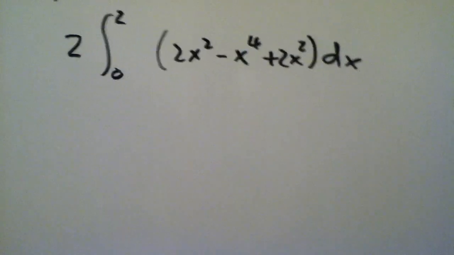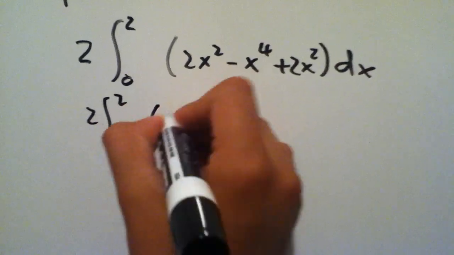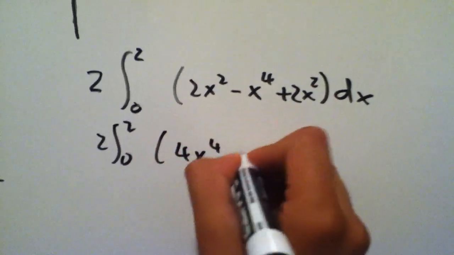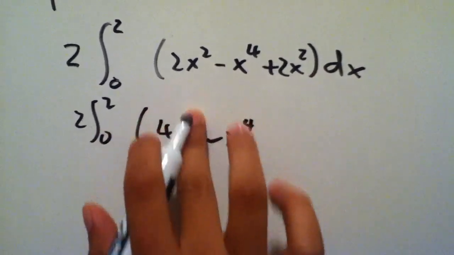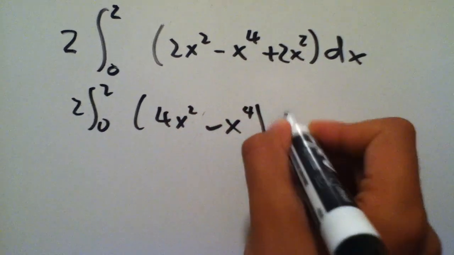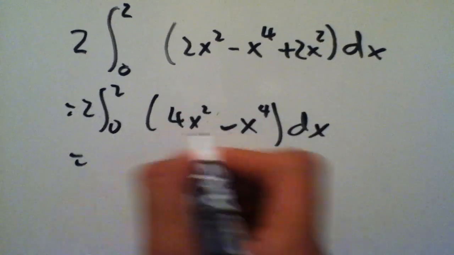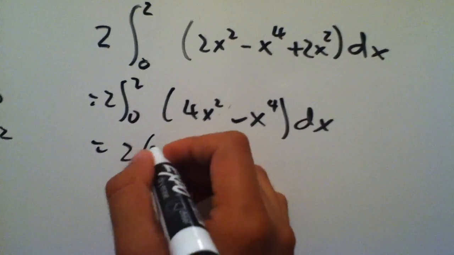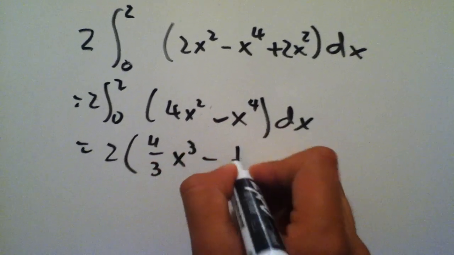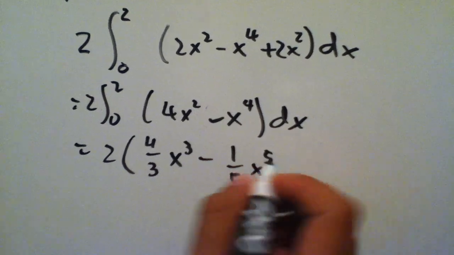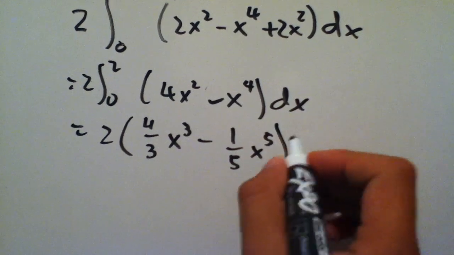Then we simplify this and take the integral. It'll be 4x squared minus x to the power of 4, and if we now take the integral of that on the inside, it'll be 4 over 3 x cubed minus 1/5 x to the 5th, using what we know about integrals.